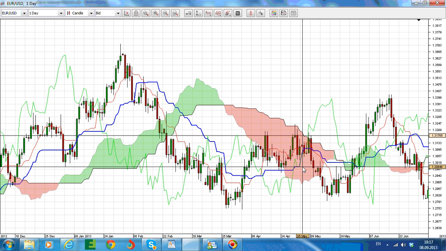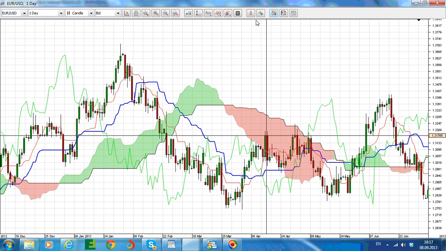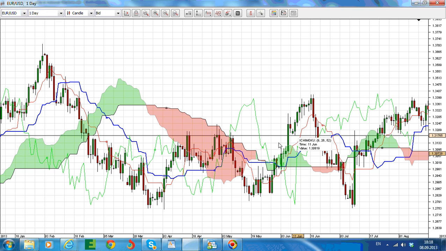The Kinjun Tenkan cross, for example: the higher the time frame, the more powerful the pattern. Here you have a bearish cross, here a bullish cross, and this is a bearish cross as well. So the cross between Kinjun and Tenkan is extremely important.